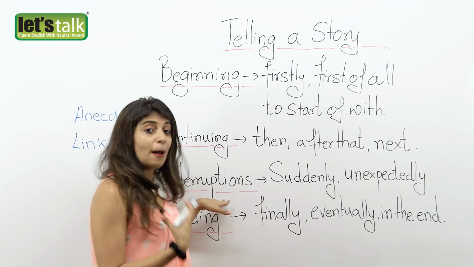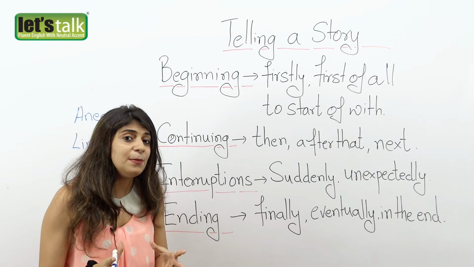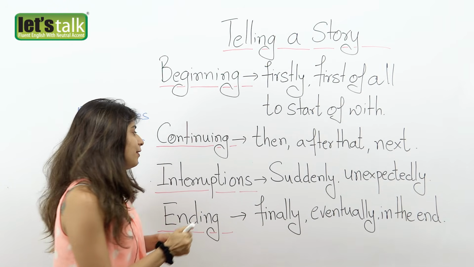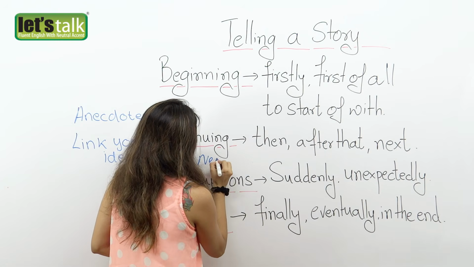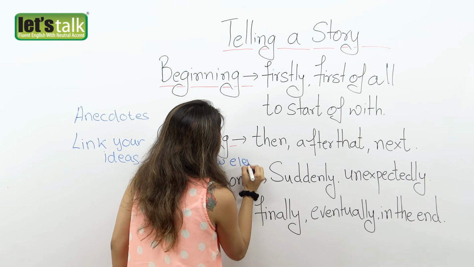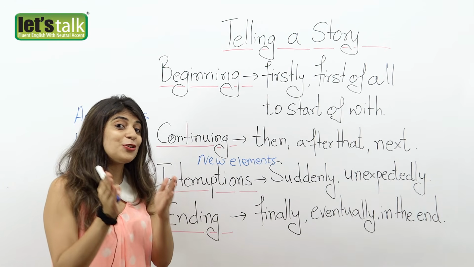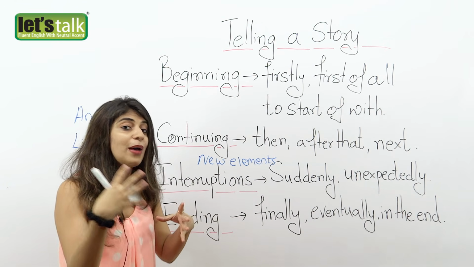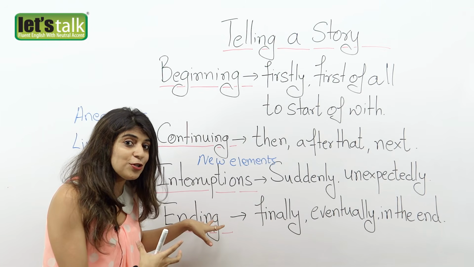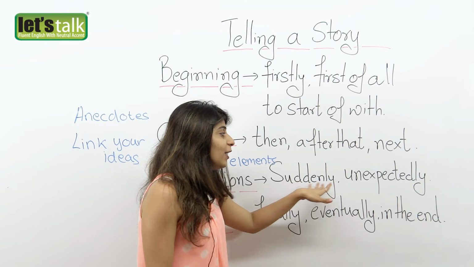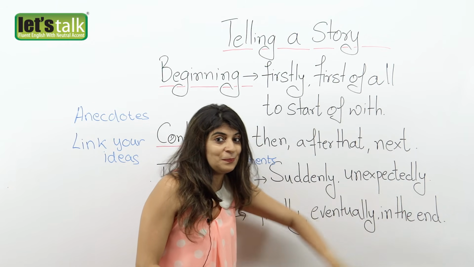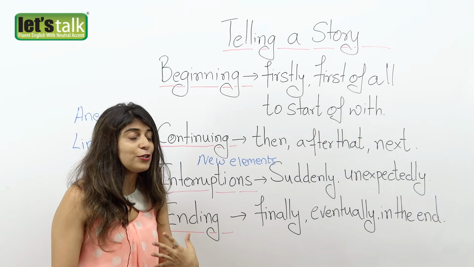Then come interruptions or new elements that are added to your story. The words that you can use to add new elements or to interrupt your story are suddenly or unexpectedly. How would you go about your story?